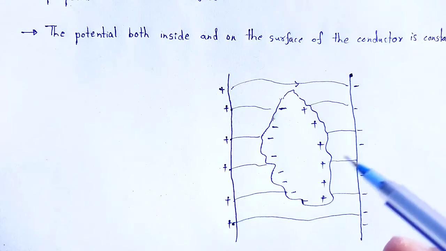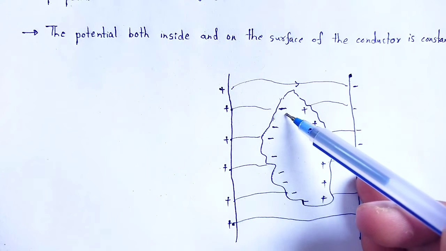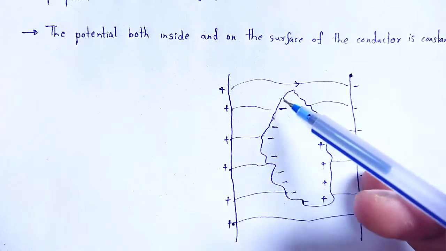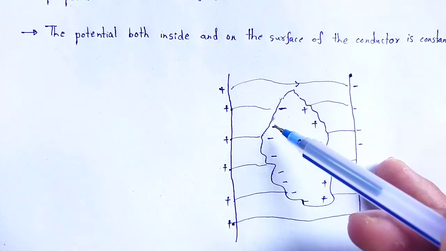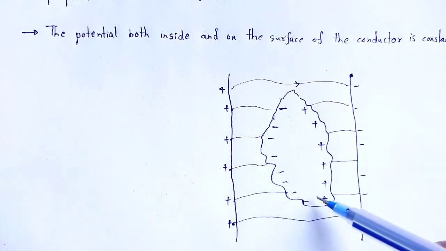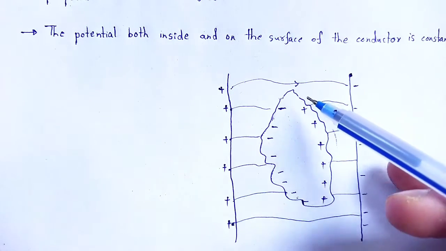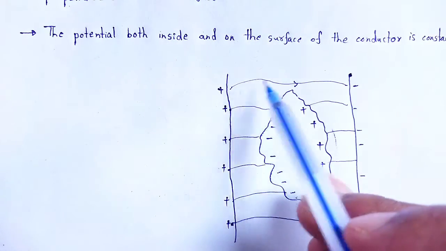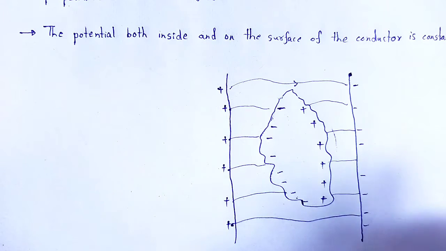Thus an induced electric field is set up in the conductor whose direction is opposite to the direction of the external electric field.